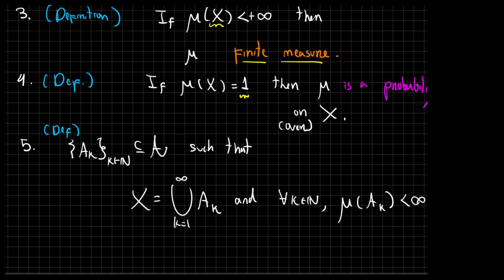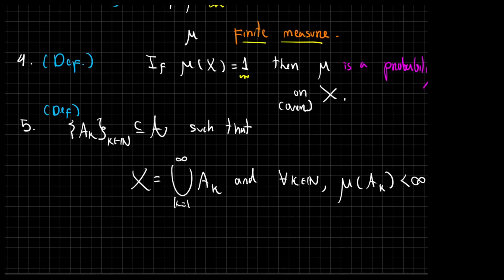Whenever this happens, we call this measure not a finite measure, but a sigma finite measure.